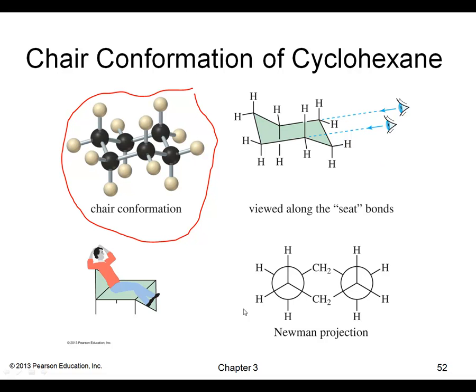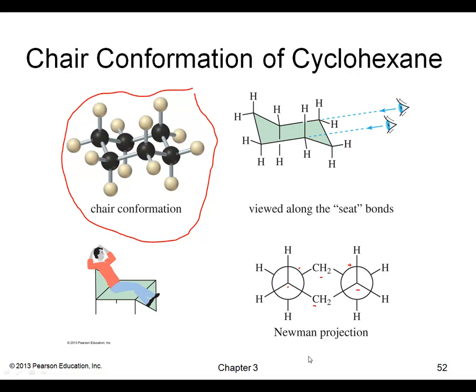And here is the Newman projection of cyclohexane. Here you see the 6 carbons, 1, 2, 3, 4, 5, and 6. And note that all the hydrogens next door are staggered.